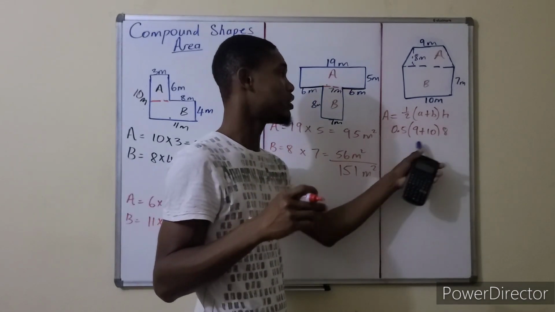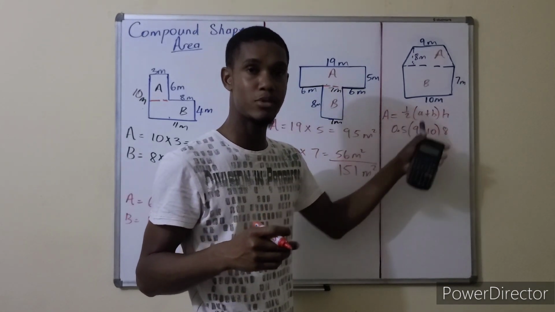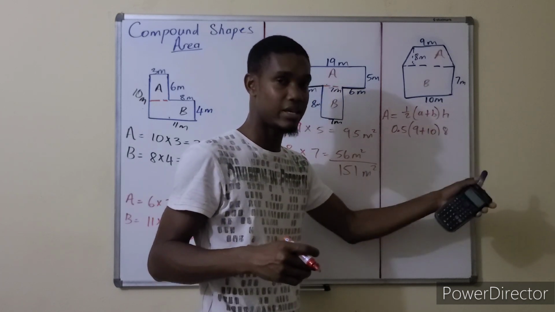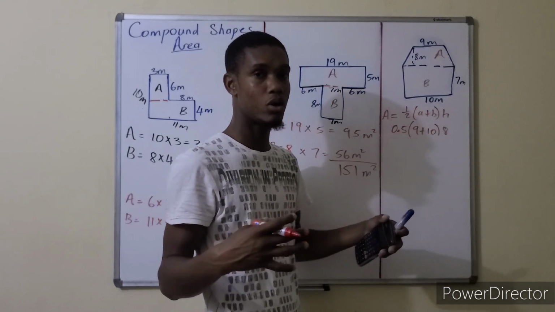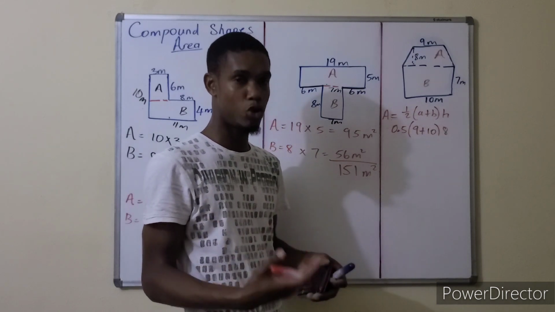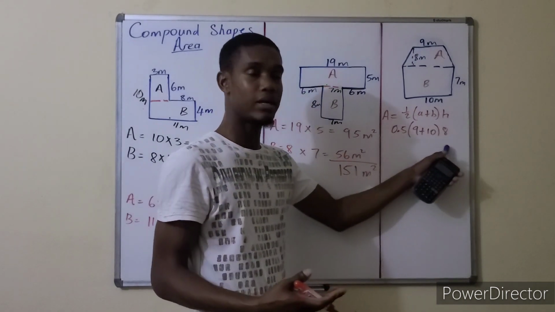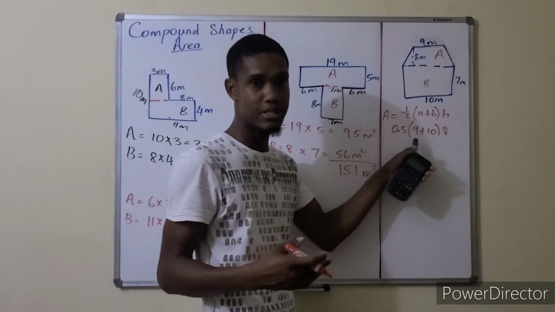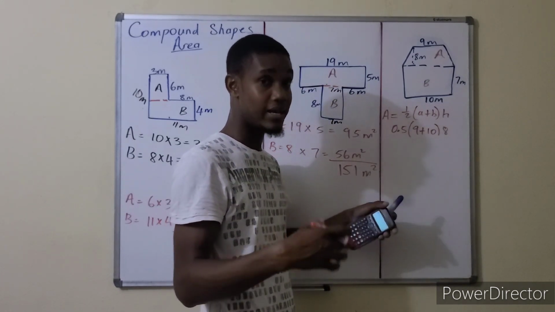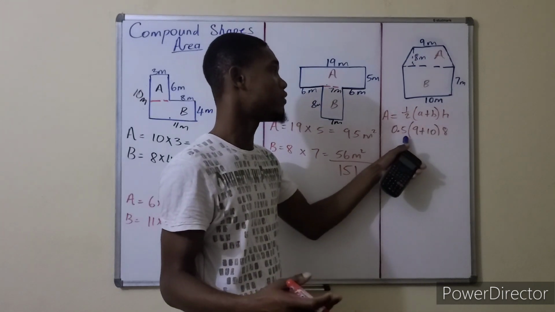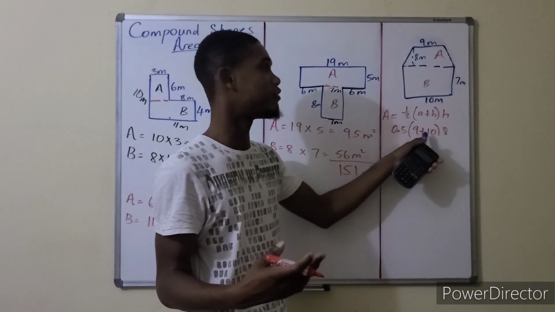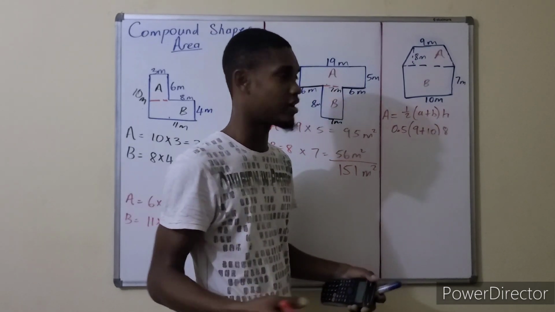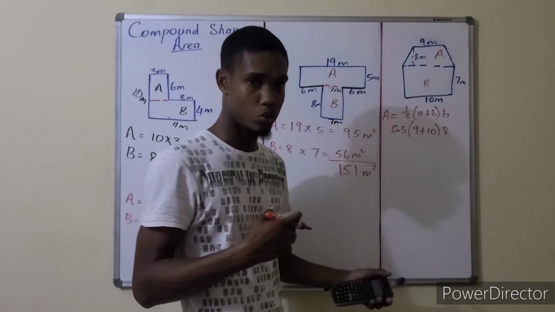So you'll have to put 0.5 times open bracket 9 plus 10 close bracket times 8, and the calculator will be able to work it correctly using the BODMAS rule. Without the bracket, the calculator would work it as 0.5 times 9 plus 10 times 8. So on this side it would be 4.5 plus 80, and you'd be getting 84.5, which is different from what the answer should be.